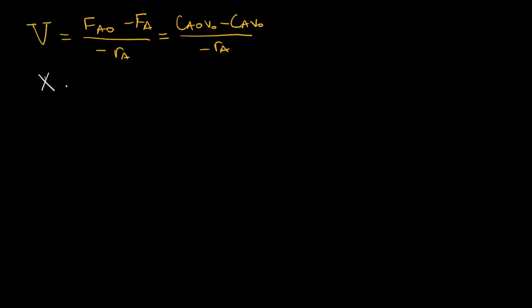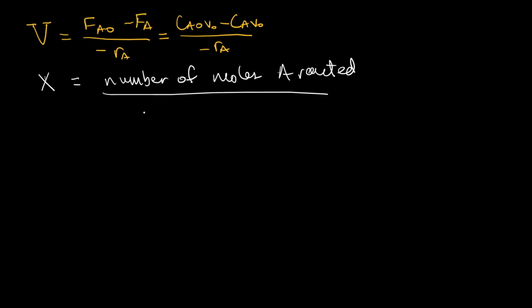So the conversion X is defined as the number of moles of A that have been reacted divided by the number of moles of A fed to the reactor. So first off, the denominator here, number of moles fed to the reactor, is just going to be equal to FA naught.